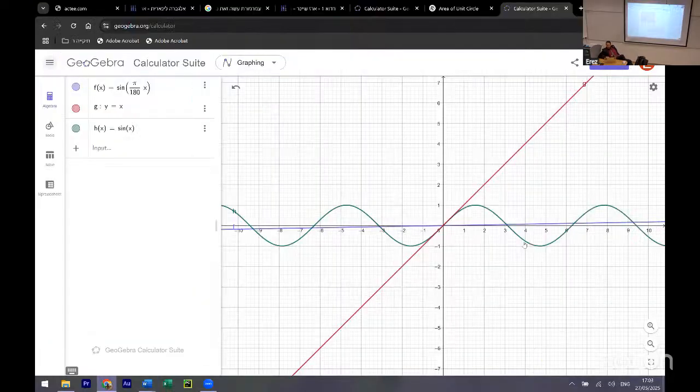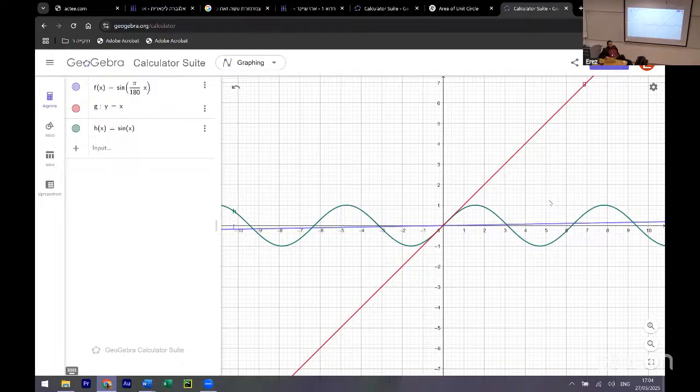So who do you see here? This function here, what is that? That's sine of x. And the red one, that's y equals x, which is actually the tangent, right? And the purple one, that's sine in degrees.